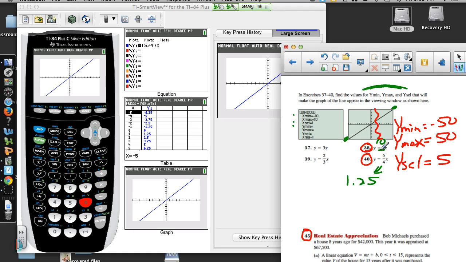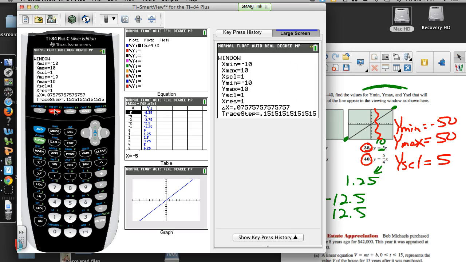I wonder, because our window is negative 10 to 10, if it wouldn't be a good idea to try these as my Y min and my Y max. Just following an instinct here that maybe these follow the same pattern. So I go into the window and I give it a try.